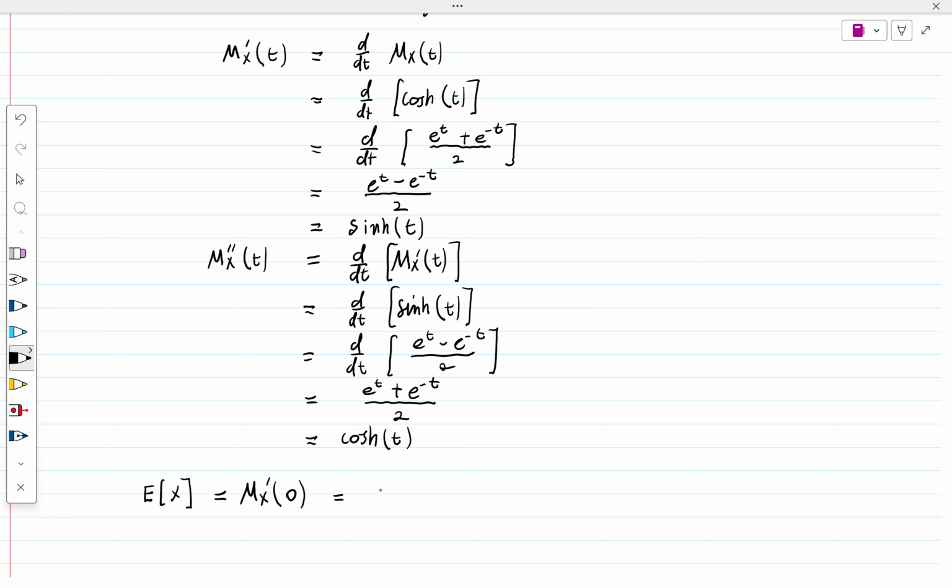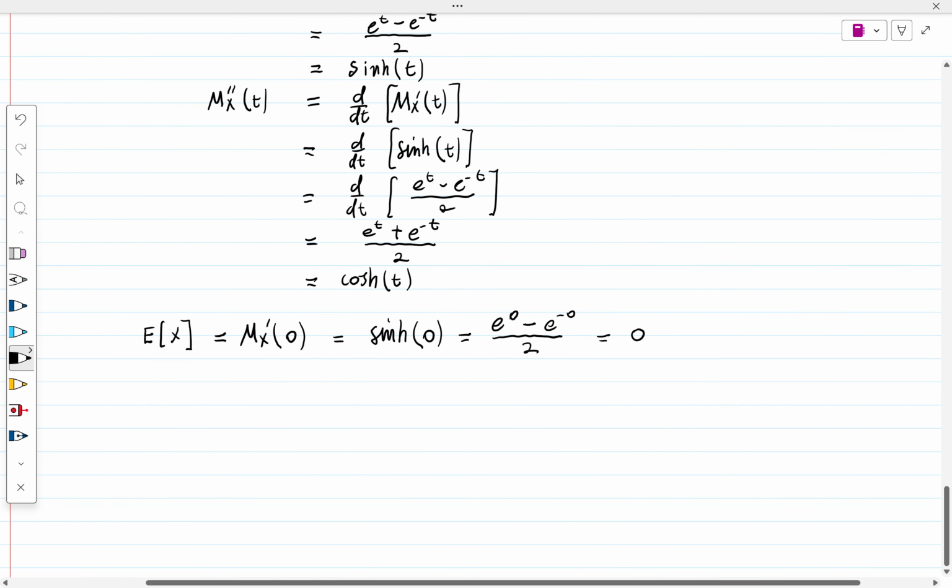So it just becomes sinh of 0, which in this case becomes, using the definition of sinh above, e to the 0 minus e to the -0 over 2. In this particular instance, e to the 0 is 1, e to the -0 is 1. So you've got 1 minus 1 in the numerator, and this evaluates to 0.